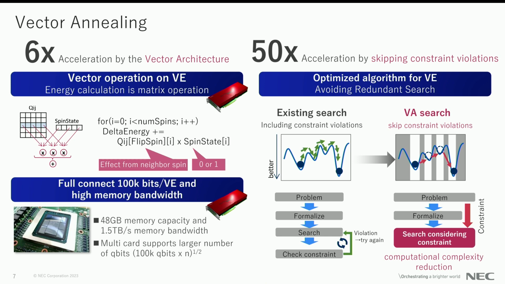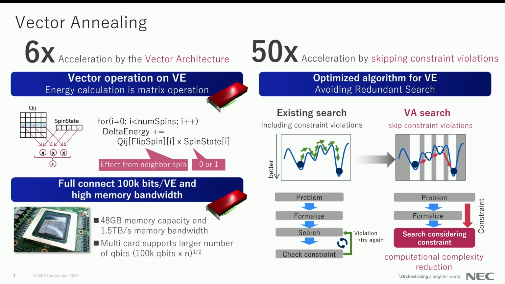And by finding these skips, we reduce the computational complexity, thereby getting up to 50 times acceleration by skipping wherever the constraints are being violated. So that's one innovation that we have done on the quantum annealing.